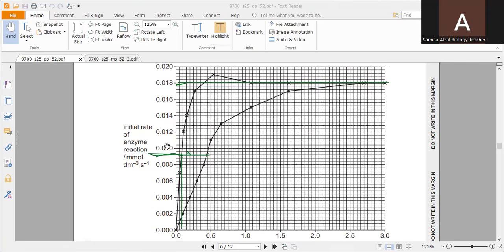It is less than 0.5. So, this point and this point.